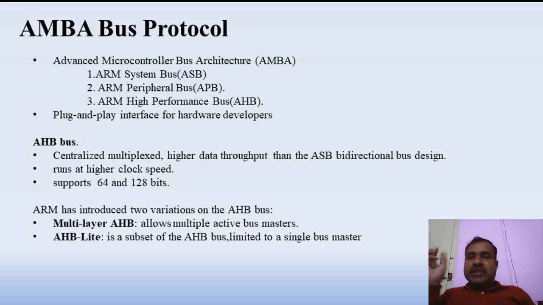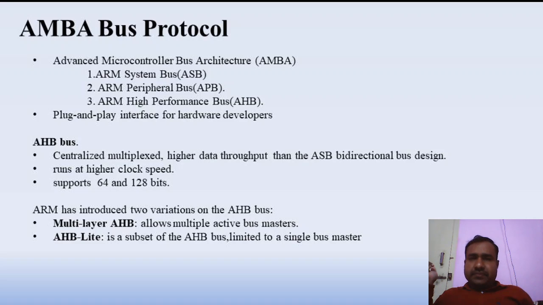You need not design the whole thing. This is very helpful whenever an engineer wants to design his system. He need not worry about the bus architecture. He has to just place his peripherals onto this bus. That again makes it easy to market and easy to prototype.